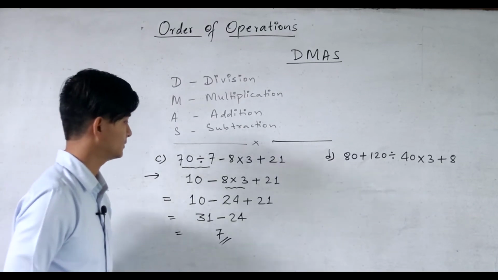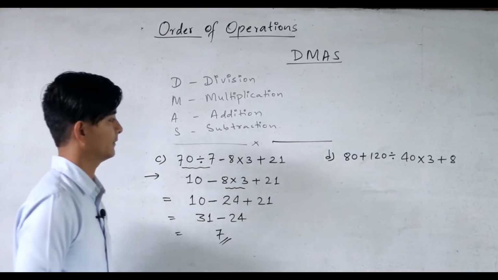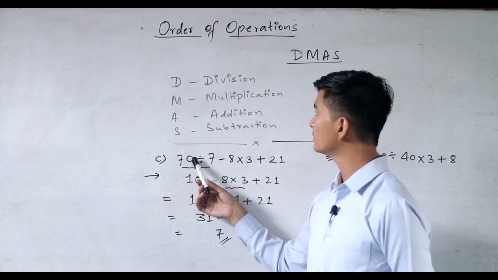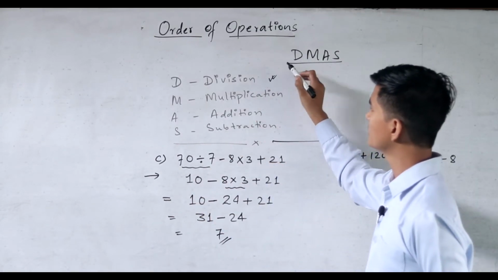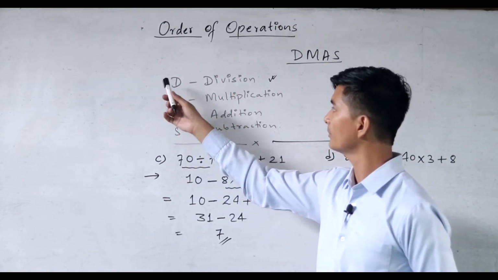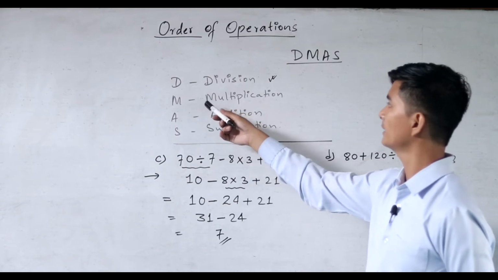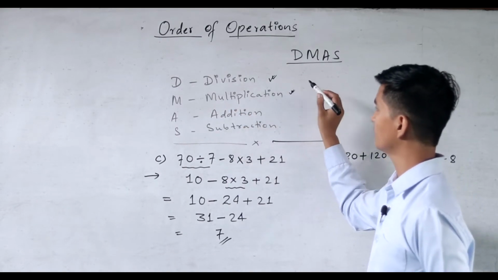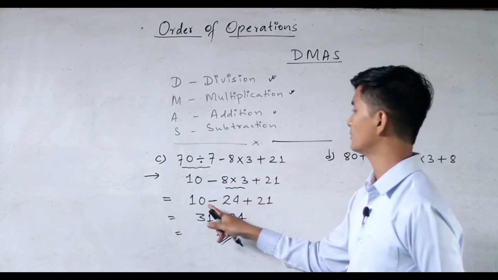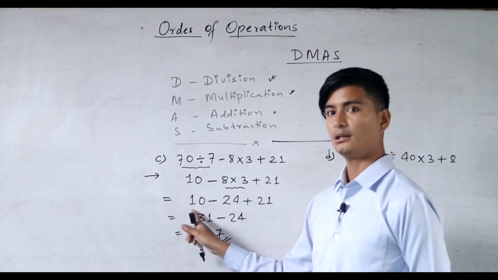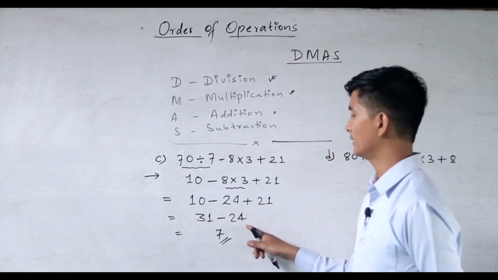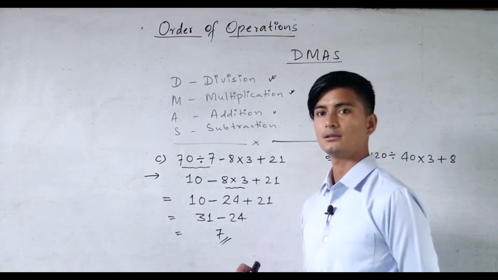So here we have to divide first, because in DMAS we have D in our first step. Second we have to multiply because it is in the next step, and then there is addition, so we add 21 plus 10, we got 31, and finally minus 24, we will get 7.